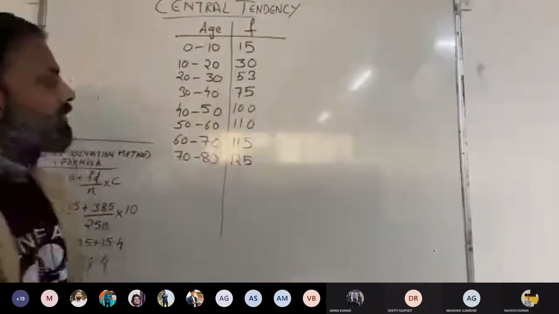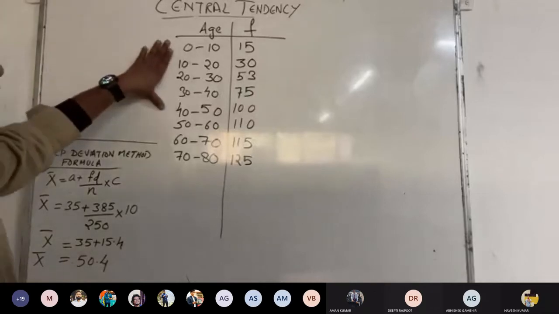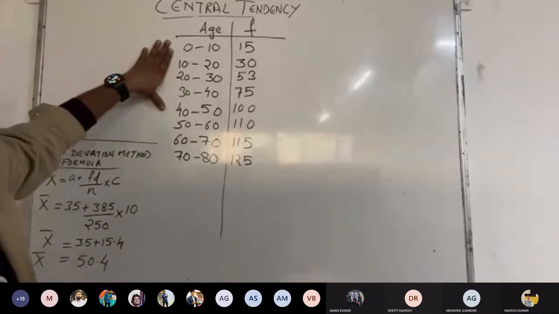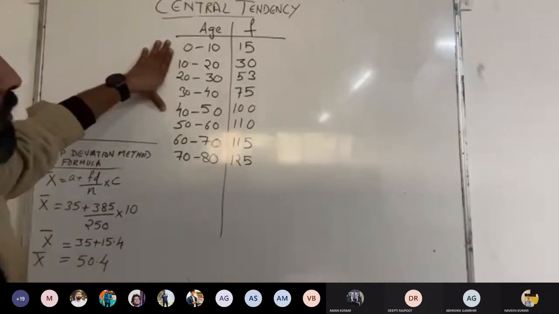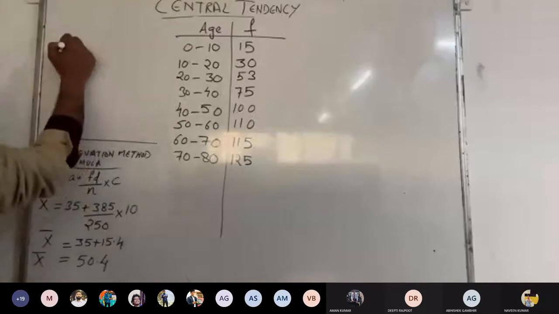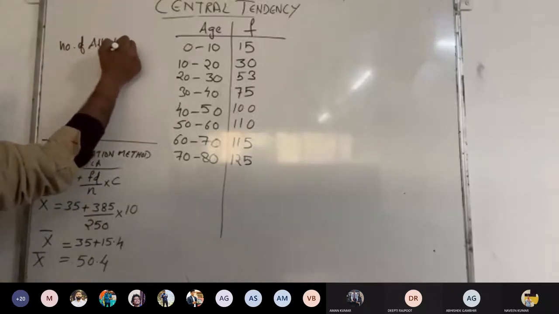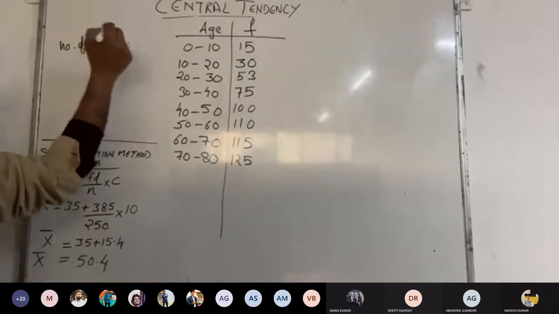It's very much similar to the discrete series. The only difference is that you now have age groups. Why have you made the age groups? Because you know how many athletes there are.